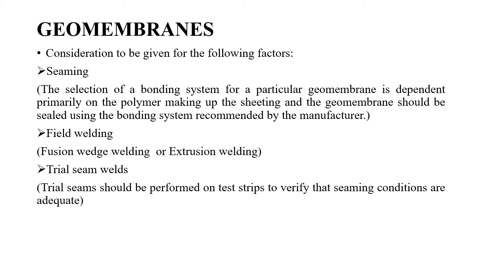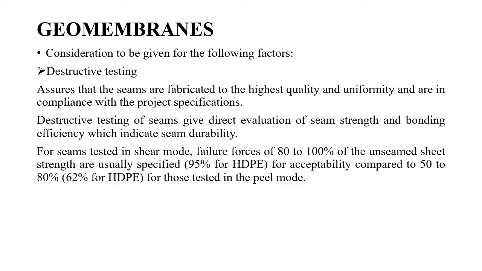Now, next we look into other factors. Next is destructive testing, which is done on the seams given to the geomembrane sheets. Seams are basically the stitches given to the geomembrane sheets, and both destructive as well as non-destructive testing is done to assess the quality of these seams, and to see whether they comply with the project specifications or requirements.